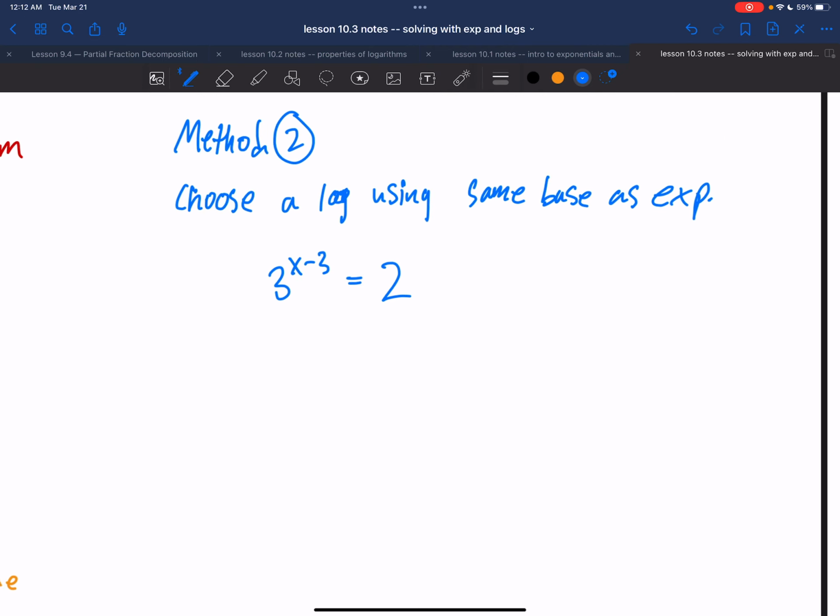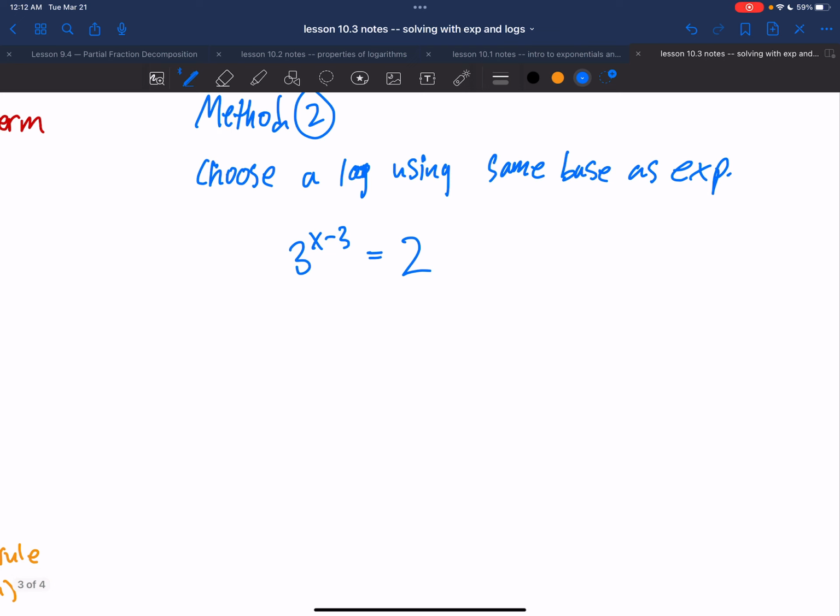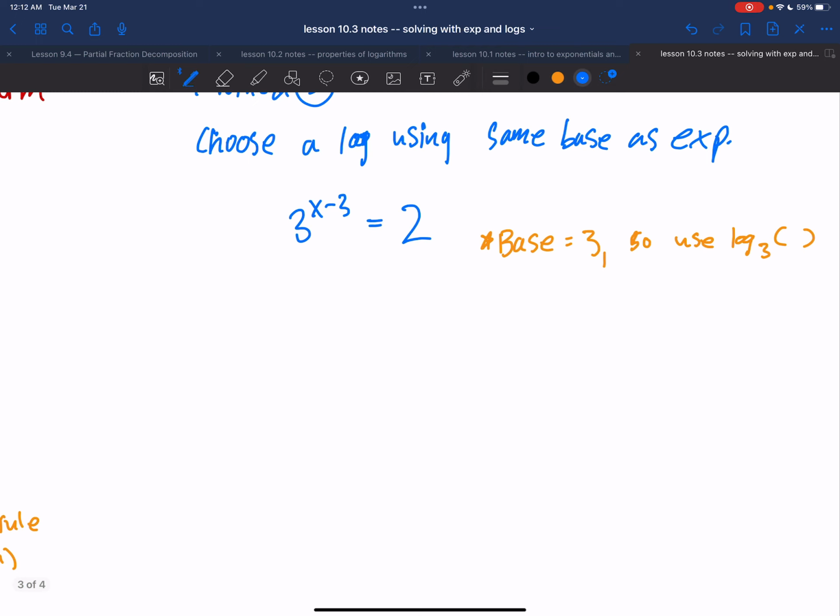Okay? The base is 3. So base equals 3. So use log base 3. Okay, so if I take the log of both sides using log base 3, this is what that looks like.